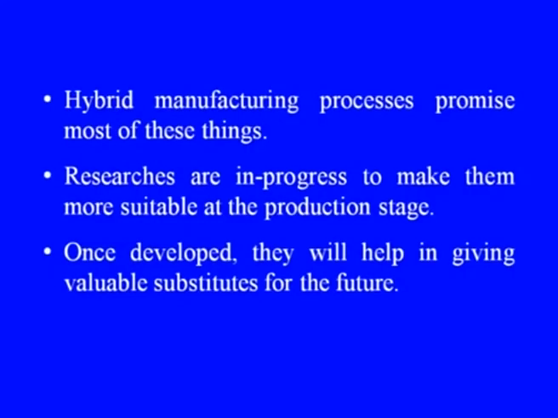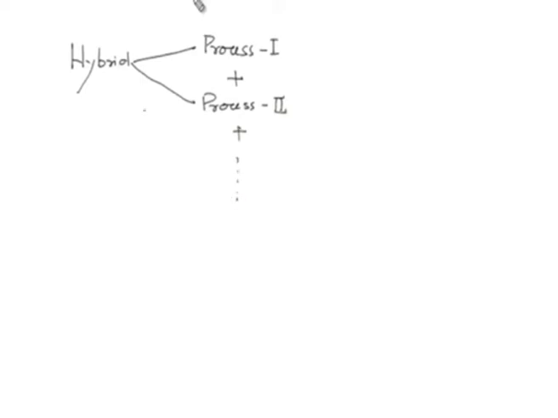Then let me slightly discuss what this hybrid manufacturing or hybrid processes are. Hybrid is basically, we consider, say for example, process 1 plus process 2 or plus, so there may be a number of processes in between, process say n.